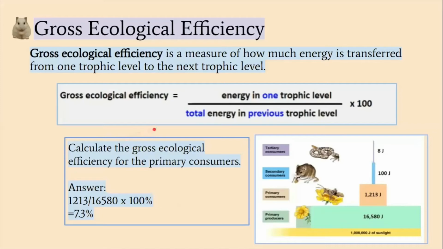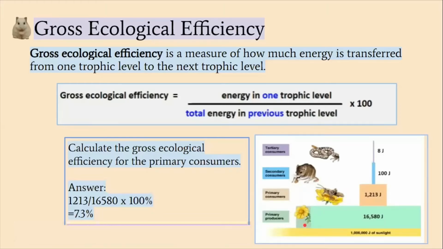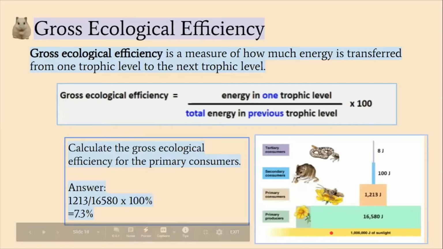In this example down here at the bottom of the slide, we can see the gross ecological efficiency for the primary consumer, which is the grasshopper. Why? Because the grasshopper will consume this flower. So we can see here the trophic level has 1,213 joules of energy, and we know the producer, which is the flower, has 16,580 joules of energy.